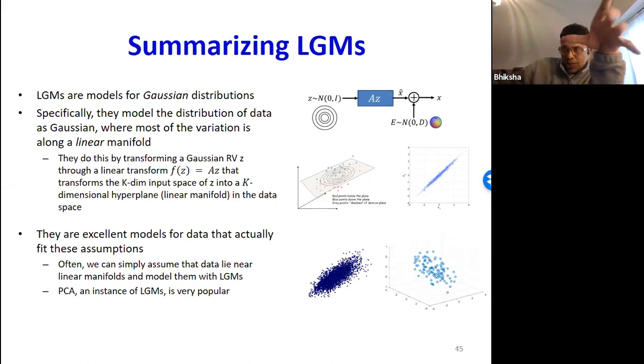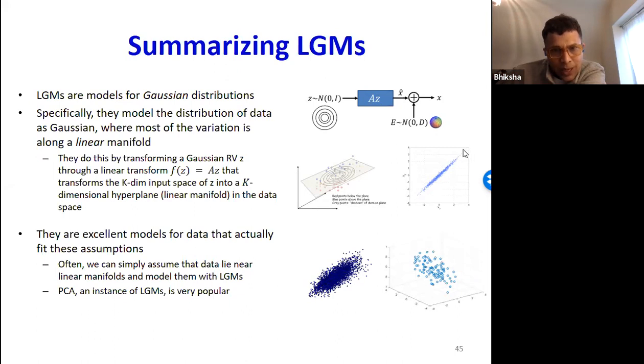You stretch and rotate and linearly transform this k-dimensional space and then embed it as a k-dimensional hyperplane in the upper n-dimensional space. And then you add some Gaussian noise at every point. So basically, the generative model says you're taking a Gaussian step on this plane, and then you're adding some Gaussian noise.